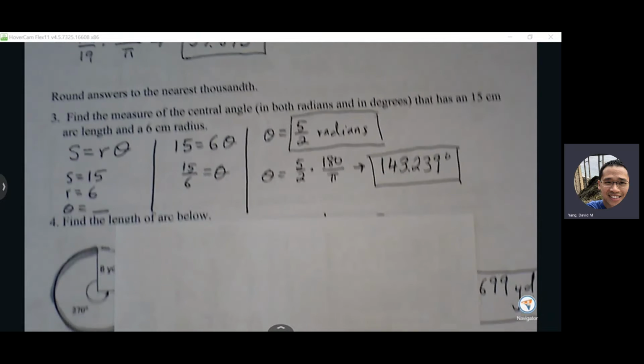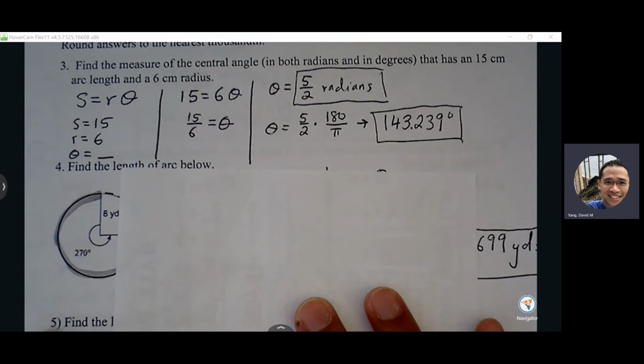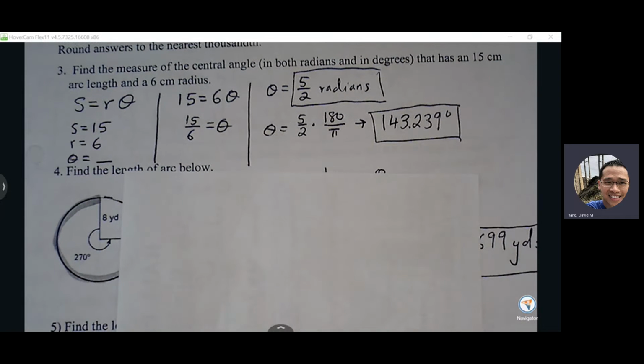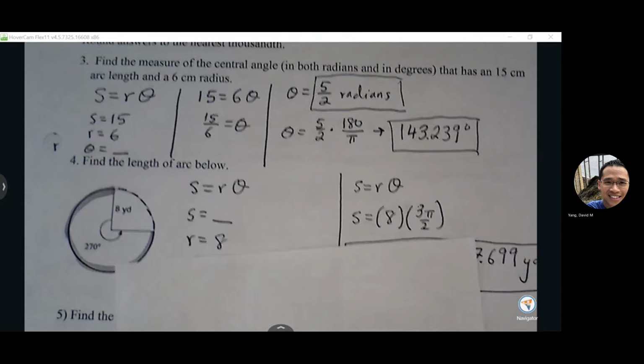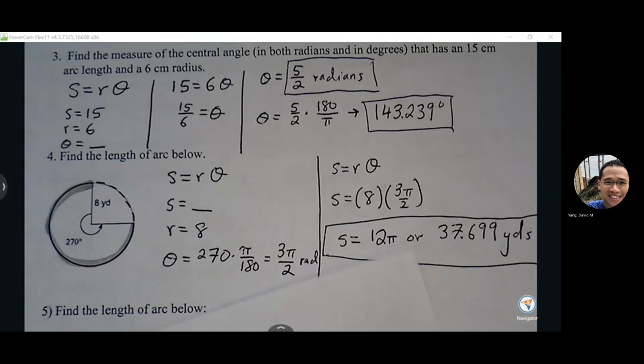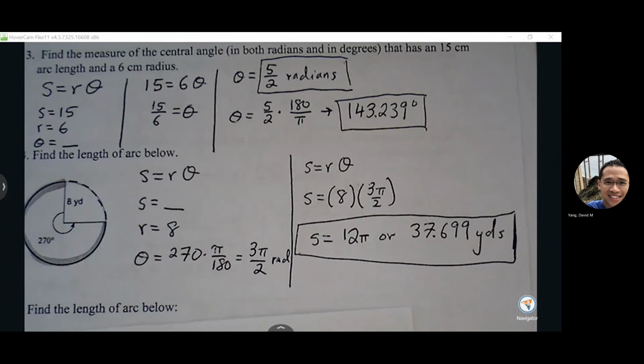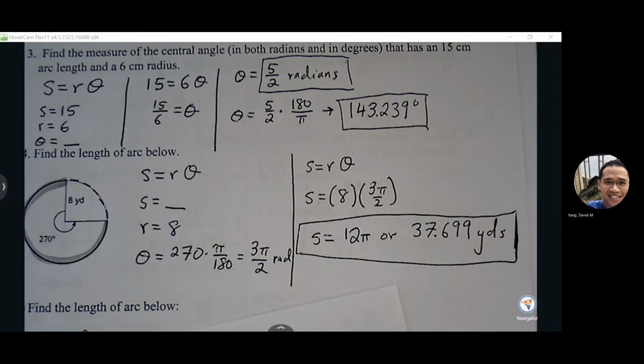So the 270 is not appropriate for the formula. I got to get that 270 to be radians, right? So what I do, 270 times what? Times pi over 180. Once I get my theta in the appropriate units, now I can use the formula.